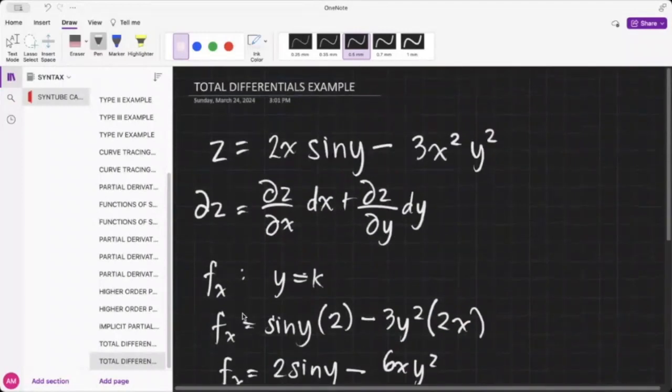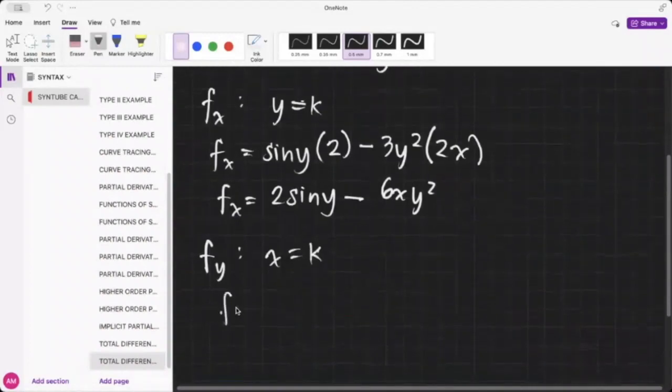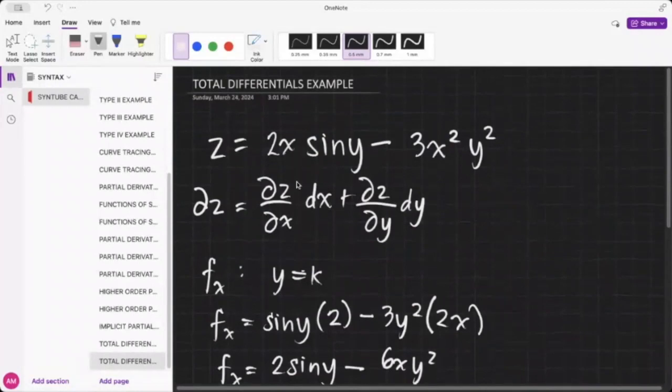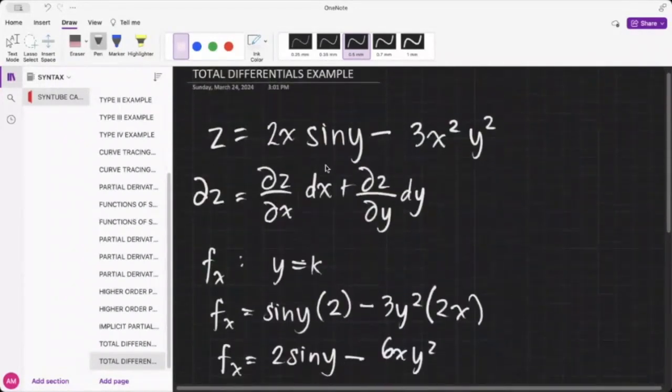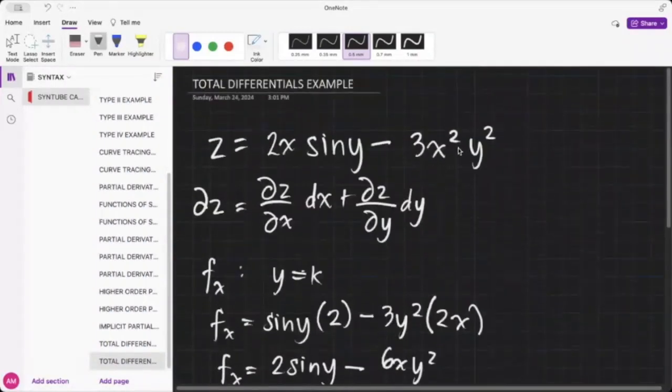Meanwhile, let's go to the partial derivative of z with respect to y. Here, x is the constant. So, fy is equal to, what's your constant here? 2x. What's the derivative of sine y? That's just cosine y. Then, what's your constant here?